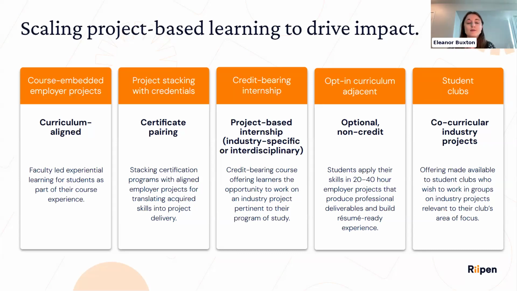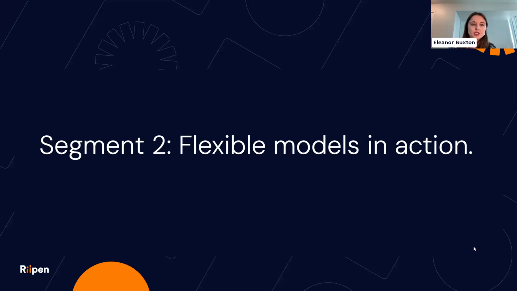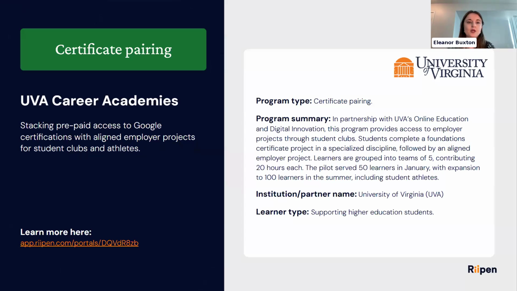Some of these programs might be paid opportunities, or we might be running them in partnership with student leaders through student clubs, for example. So now we're going to take a look at some of those models in action, how we co-create them with our partners, the various design choices that we've been making before we then facilitate that end-to-end project-based experience in the Ripen platform.